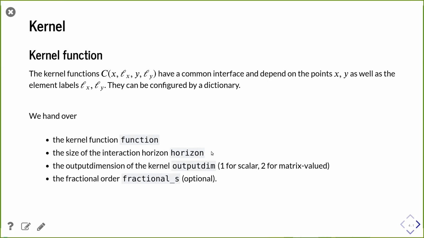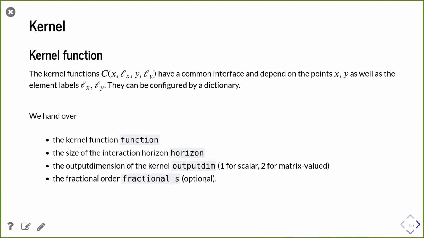Then we also choose the horizon, a parameter delta, like 0.1 or 0.2. And then you have the output dimension of the kernel. For the scalar case, you put 1, for matrix valued 2 or something like that. That's redundant also, since it has to match the function you chose, but that's how it is.